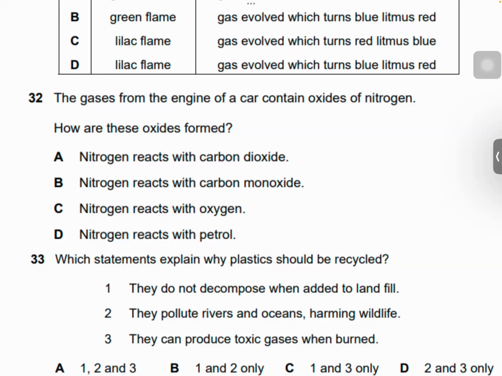B or C? B for ball. Okay, some are saying B and some are saying C.